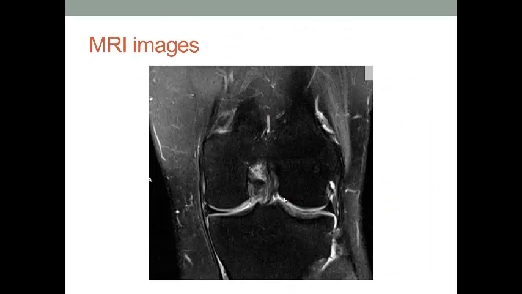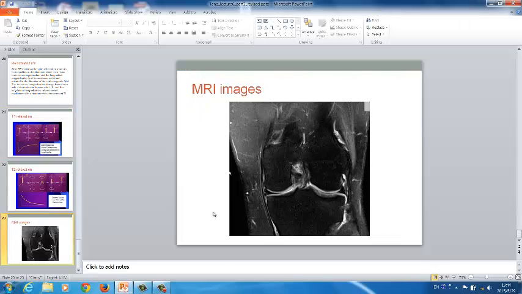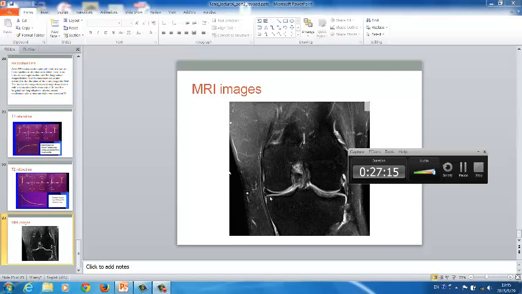I will put up some material for you to read to understand more. If you have a question, you can tell me. This just shows some MR images I got from somewhere. So that's for today.